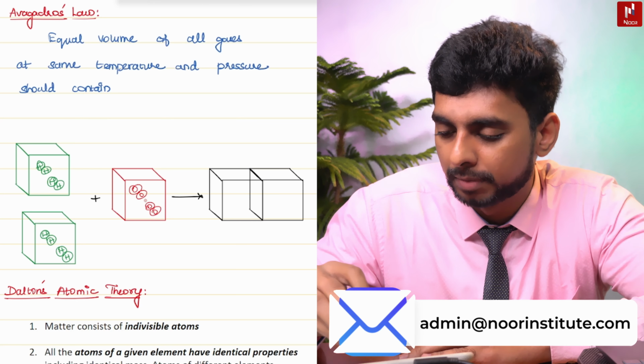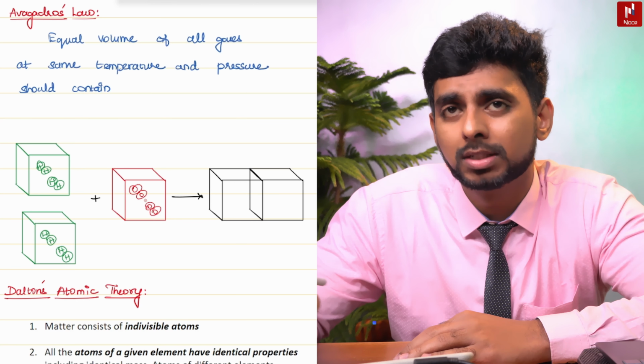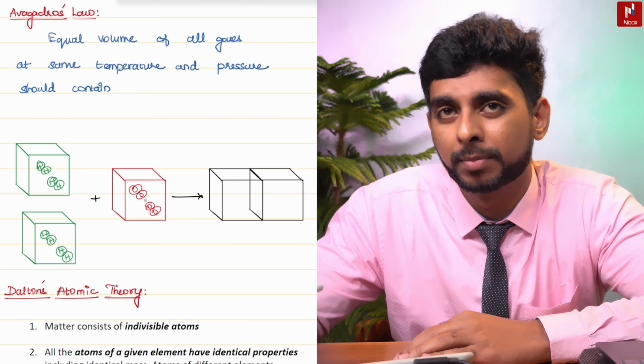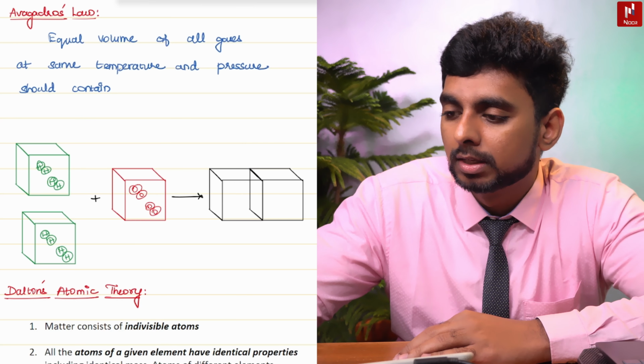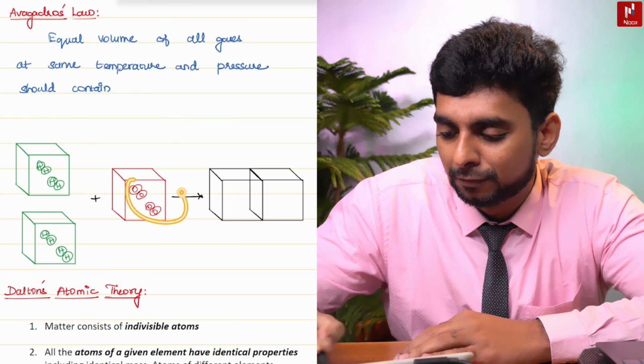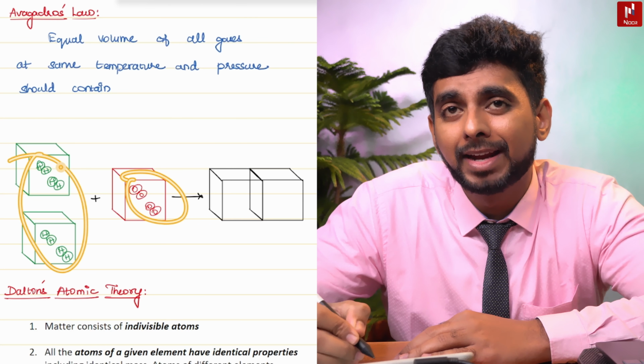If this is going to combine, what will it actually produce? It will produce water vapor, right? So in the case of water vapor, I know water is actually a compound. It will have two hydrogen and one oxygen in it. So obviously here you have 4 oxygen atoms, here you have 8 hydrogen atoms.